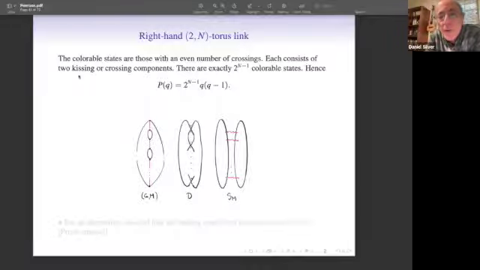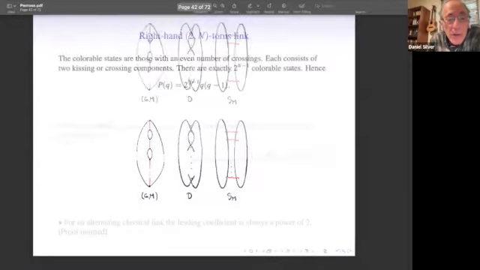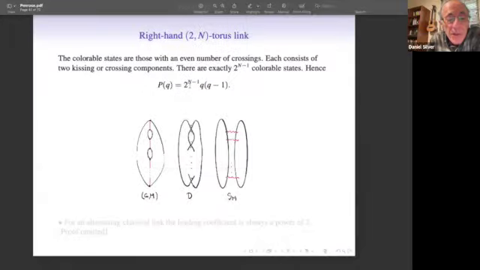So 2 to the n minus 1 colorable states, and each one is 2 circles that are again crossing or kissing. So you get q times q minus 1 to the n minus 1.